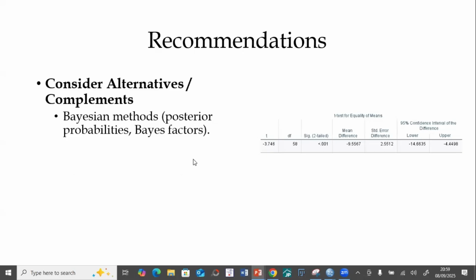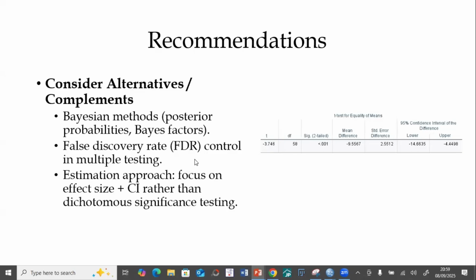Consider alternatives, and these are the other frameworks different from null hypothesis significance testing. And I'd invite you to, in your own free time, look at these other approaches. Perhaps after you've gone through null hypothesis significance testing a couple of times and gotten the gist of it, you can, in your own time, consider these other methods.